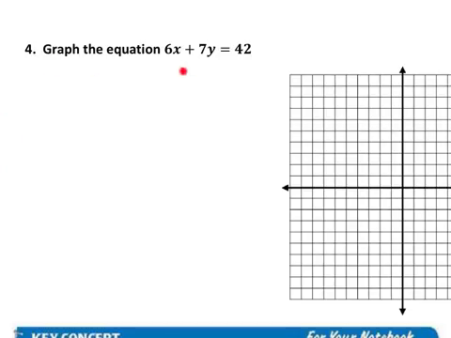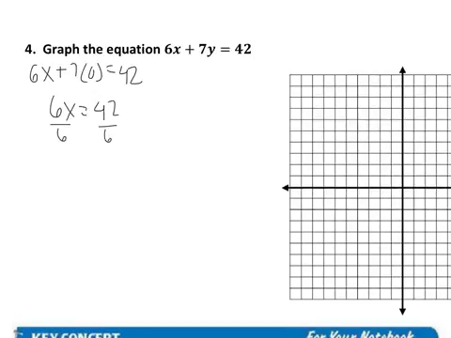Okay, so this says graph the equation 6x plus 7y equals 42. So first step, plug 0 in for y, solve for x, you get 6x equals 42. So x equals 7.